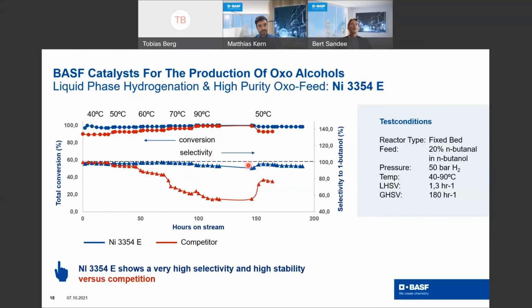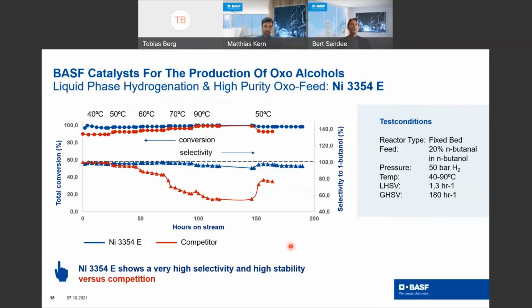And then going back to the 50 degrees C, what we see in recovery is actually that 3354 shows a better recovery than the competitor catalyst, which means that maybe due to the selectivity losses, also some of the activity of the catalyst is gone, maybe because of the blocking of pores by some gums that are being formed.